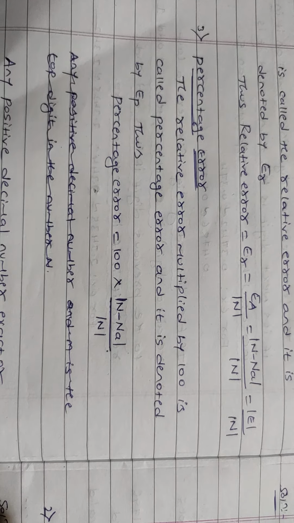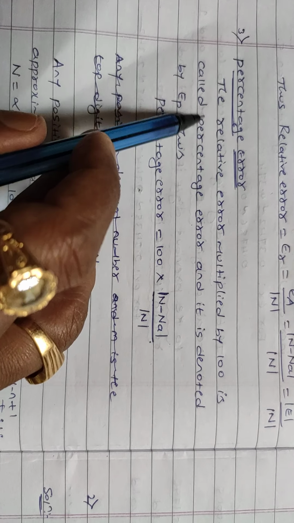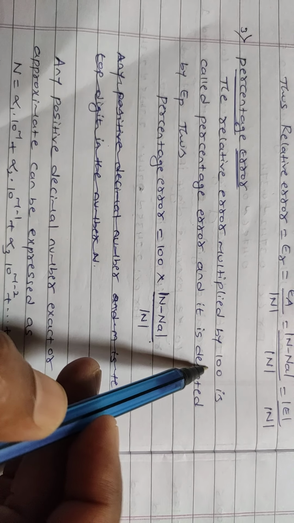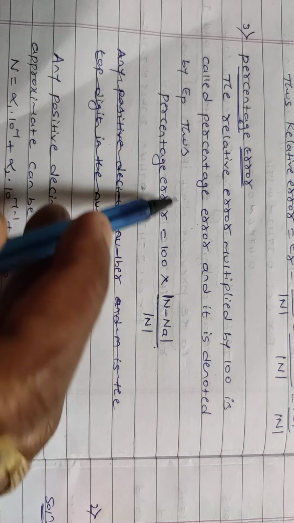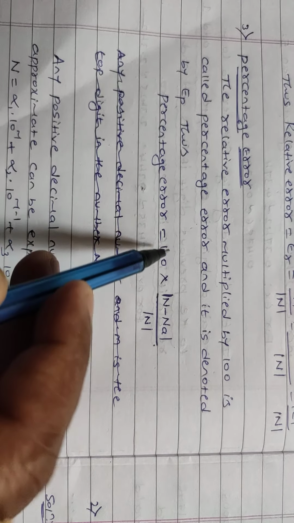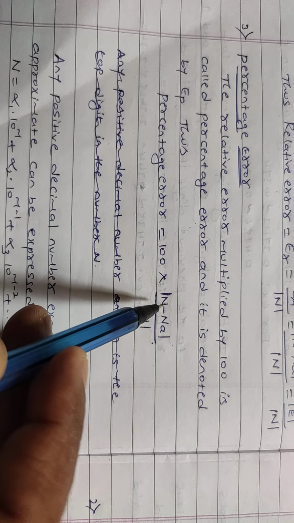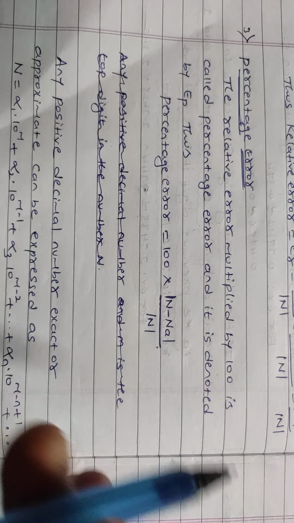Now let us see the third definition, percentage error. The relative error multiplied by 100 is called the percentage error and it is denoted by EP. Thus percentage error equals 100 into modulus of n minus NA divided by modulus of n.